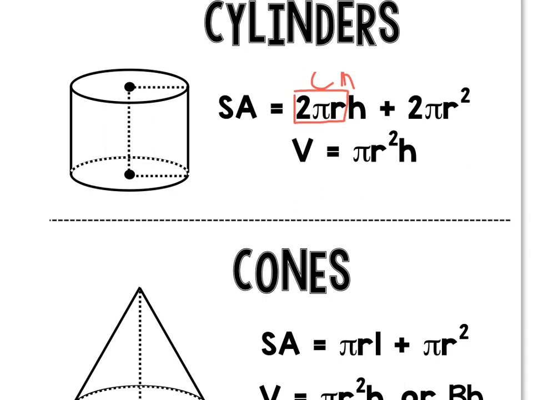If I unroll my cylinder, I have the circumference and the height, and that gives me the surface area of that part of the cylinder. And then the top and bottom are circles, so we take our pi r squared, the area of our base, and multiply it by 2.